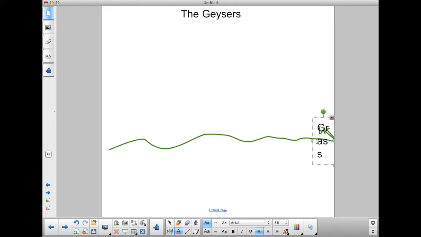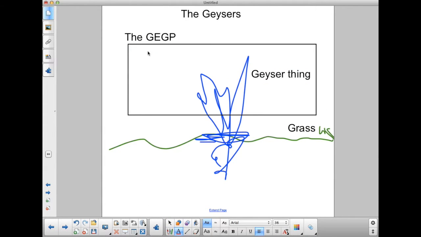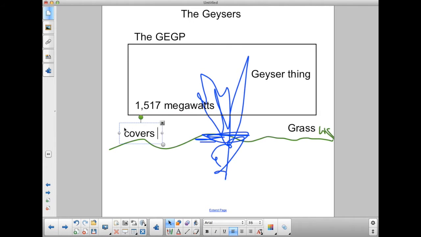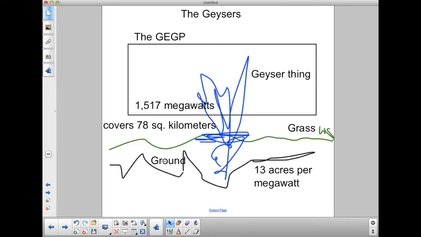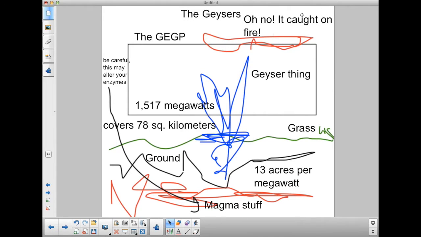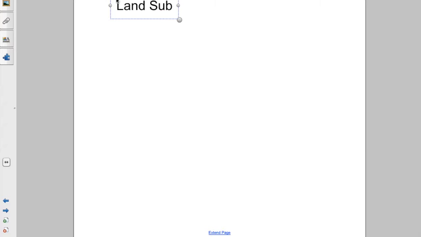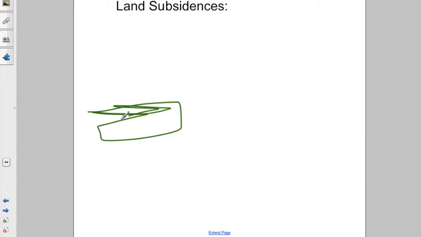To give an example of the scale of such GEGPs, the Geysers is the largest geothermal energy plant in the world and covers approximately 78 square kilometers while producing 1,517 megawatts, which is approximately 13 acres per megawatt. Big word.